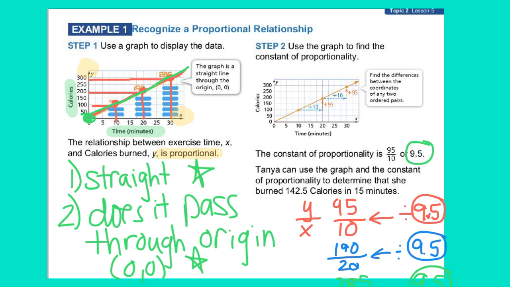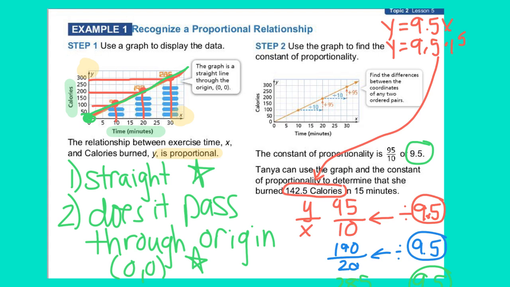The X coordinate is on the bottom, so minutes is your X. If I was going to write my equation like our last lesson, Y equals 9.5 times X, and I substituted 15 minutes, minutes is my X number. 9.5 times 15. That's how they are getting this answer right here.